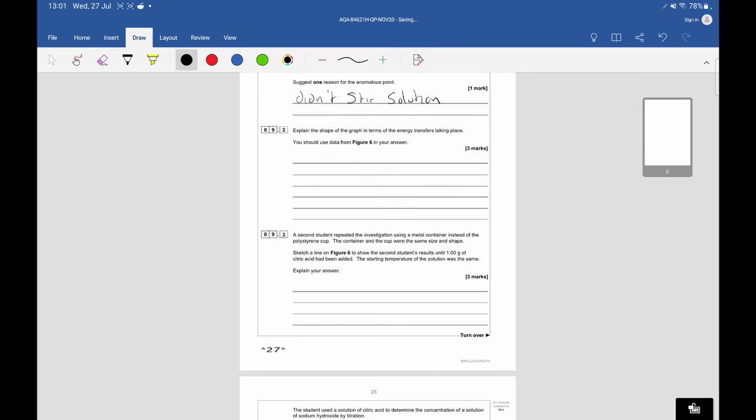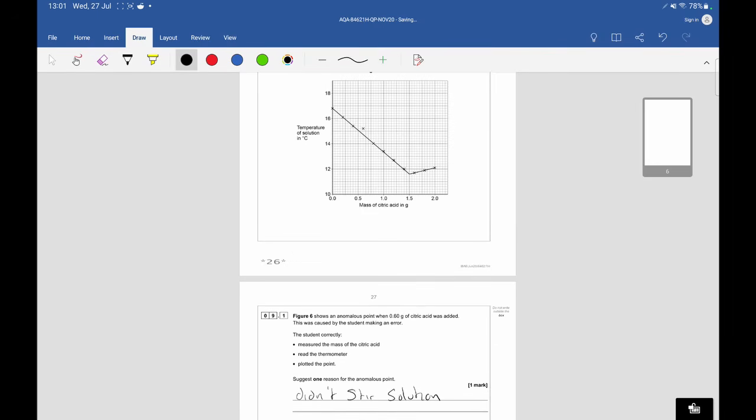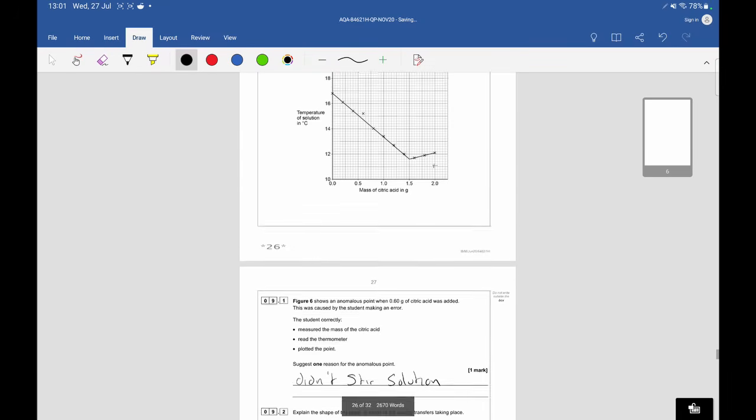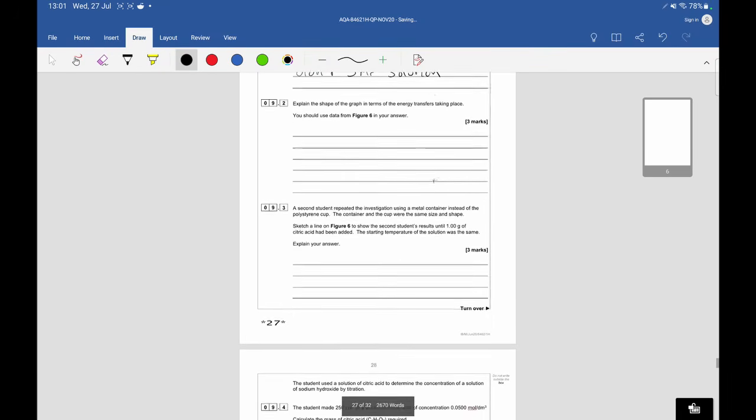Well, if we look at the actual graph here, we can see what happens. We can see our temperature dropping and then increasing again. Now we know that when the temperature is dropping, this is likely because our reaction is happening, and the reaction isn't going to suddenly become exothermic. So there must be another reason why that temperature is starting to increase. We'll have a think about that in a second.